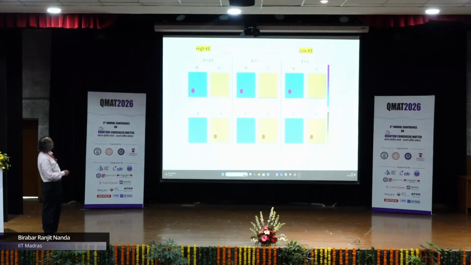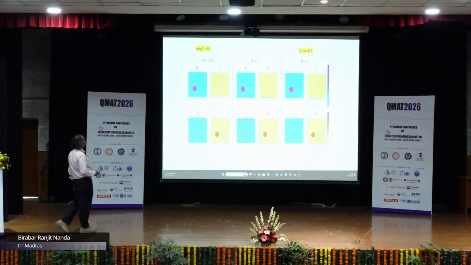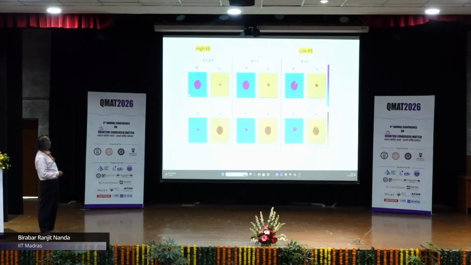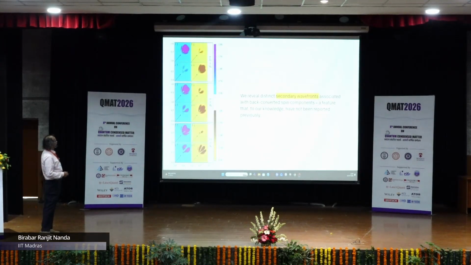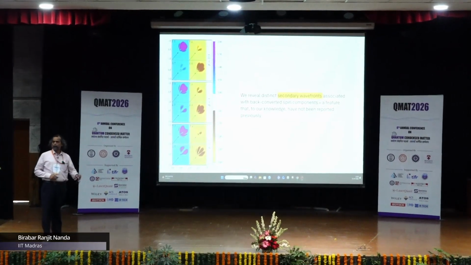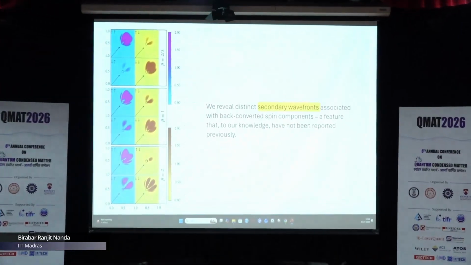The story holds for both the high-energy and low-energy spectrum. Here you see the propagation of the electron in the two-dimensional non-collinear spin texture, whether you pass a spin-down electron or a spin-up electron. It creates a lot of backscattered states. We reveal a distinct secondary wavefront associated with a back-converted spin component. To our knowledge, that has not been seen in the literature so far.